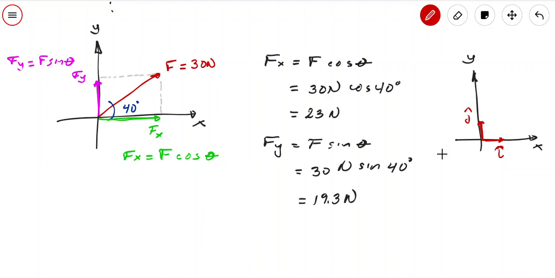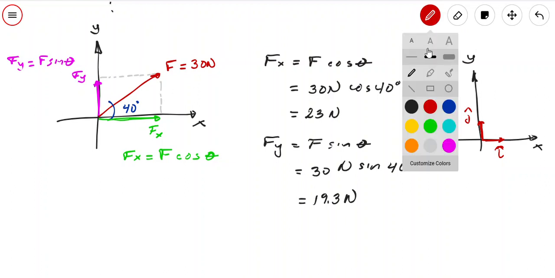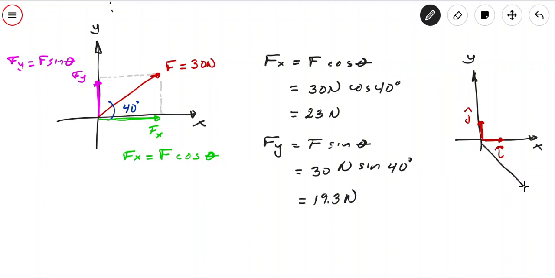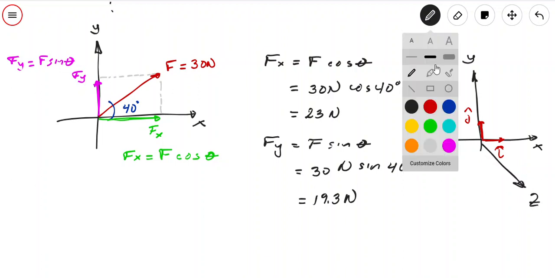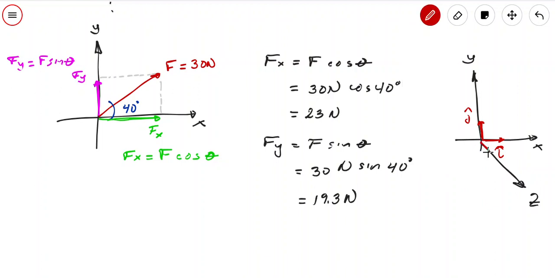If we are working in 3 dimensions, then we're going to have a third unit vector that would be the unit vector k. So if I have a z-axis here, then I'm going to have a unit vector k here. It would be a vector of magnitude 1 in the direction of the z-axis.